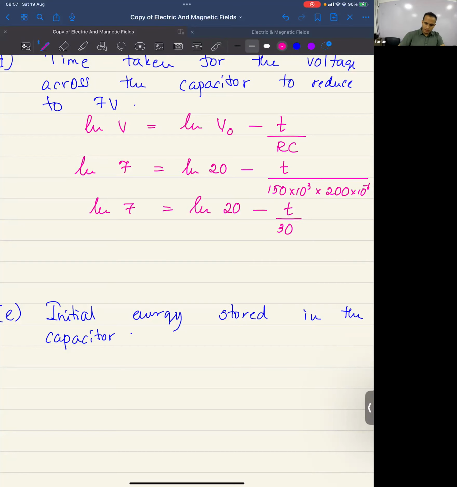Bring the minus term to the left, it will be plus t over 30 equals ln 20 minus ln 7. From here we can get t subjected, which is ln 20 minus ln 7 and multiply it by 30, which is 31.5 seconds.